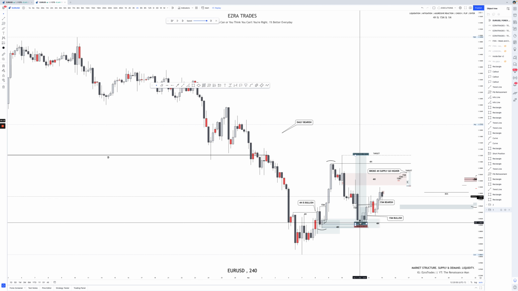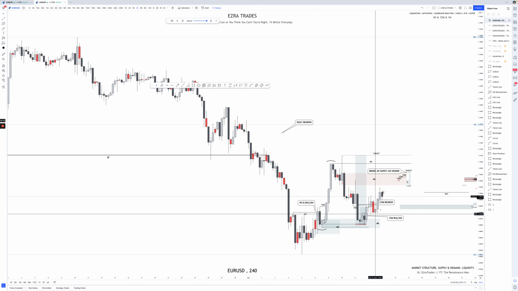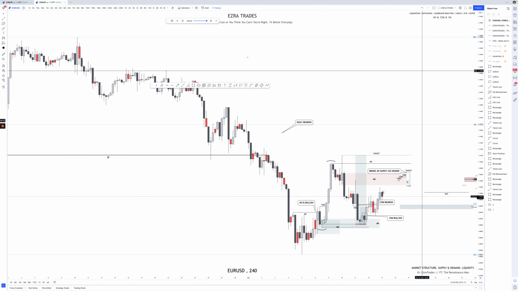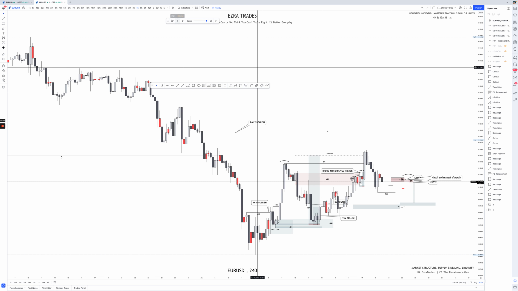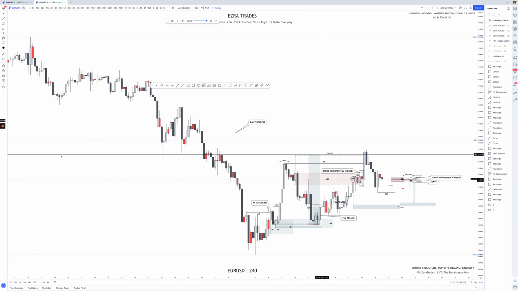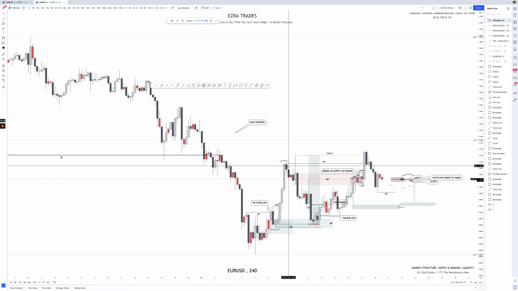The 15-minute changed character, and what does that tell us? At the very minimum, the expectation for this trade should be a break of the 4-hour high, break and closure, because we've just created 1, 2, 3 4-hour bullish structures.